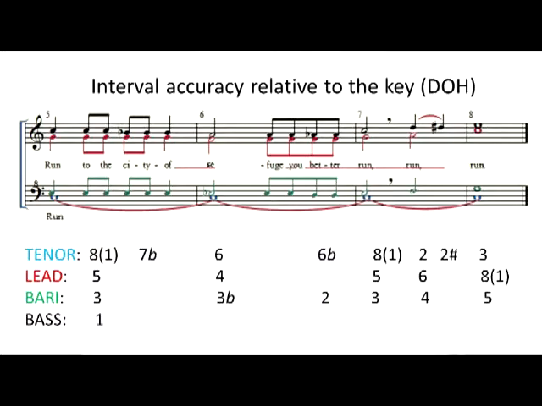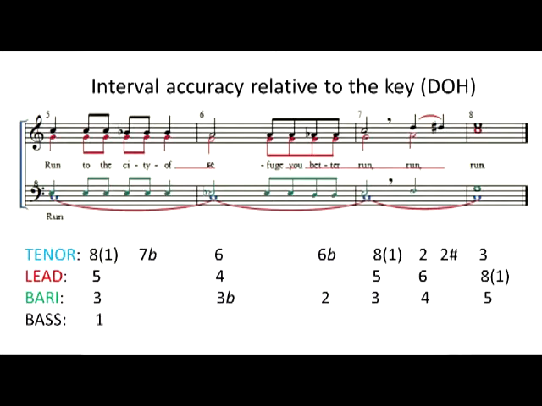Good. All right, let's put the baritones and the tenors together. See, so because you've got that moving part there on that last part of that one. So baritone, tenor. Run to the city of refuge, you better run, run. Okay, everybody comfortable with your part?